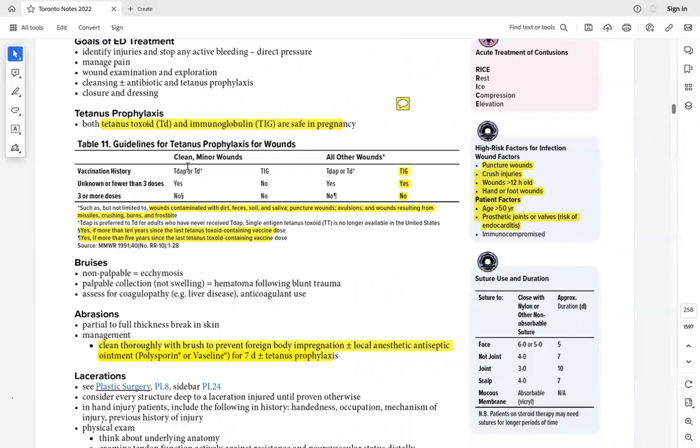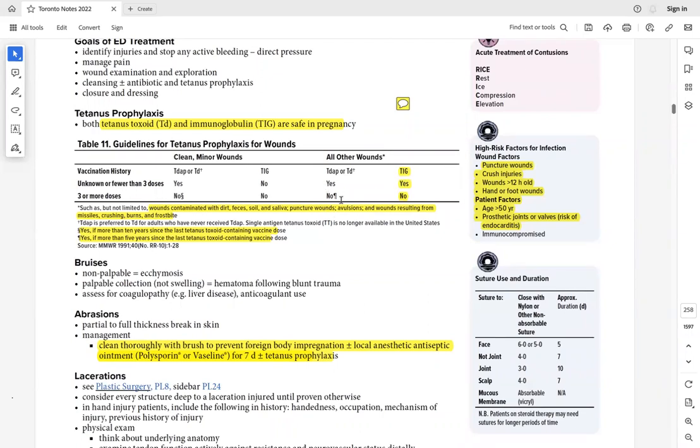If he has a complete history, he was vaccinated, given 3 full doses, then we do not give any vaccination. But if it has been more than 10 years since he got vaccinated, then we will give the patient the Tdap vaccine. Similarly, for a dirty wound, if the patient has no history, then we will give both Tdap and immunoglobulin.